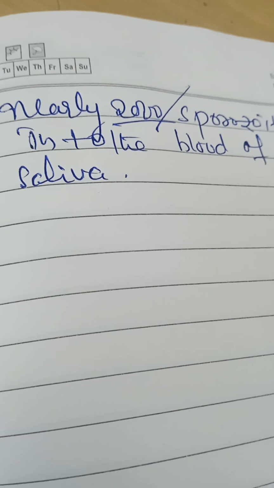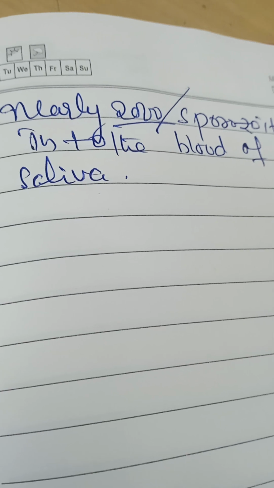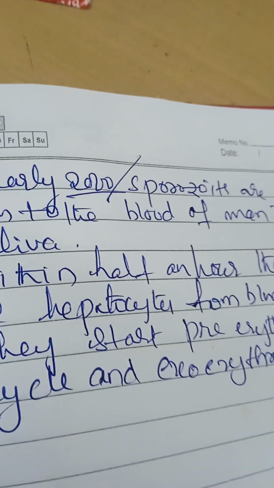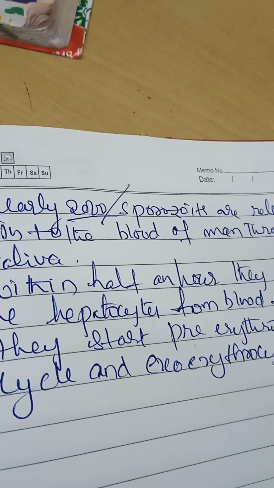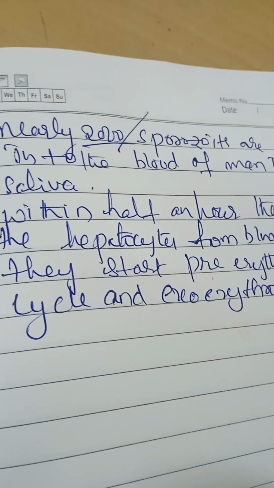So within half an hour, they reach the hepatocytes from the blood, where they start the pre-erythrocytic and exoerythrocytic cycle.